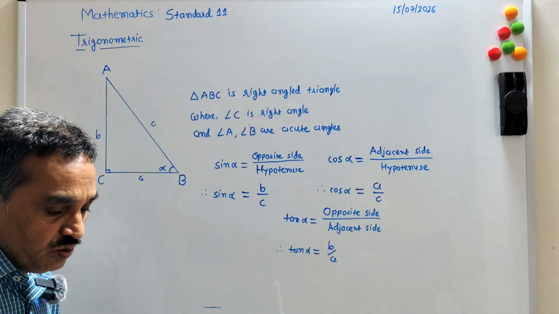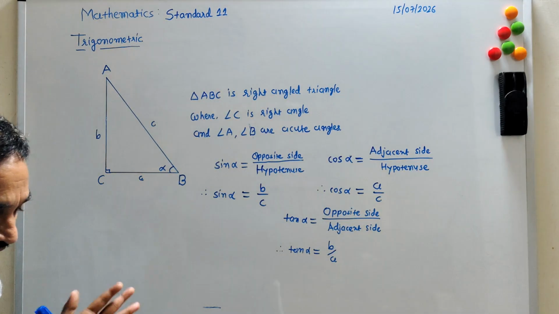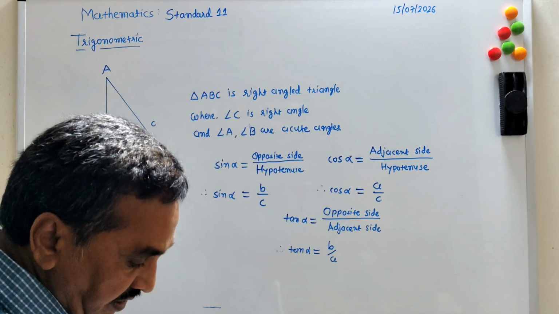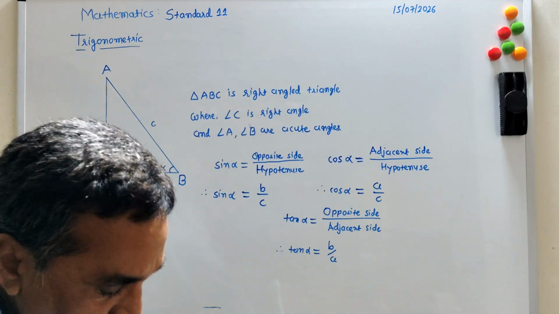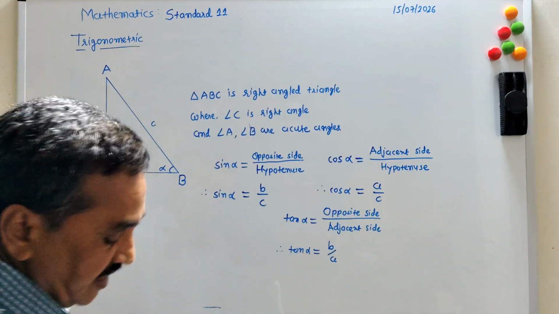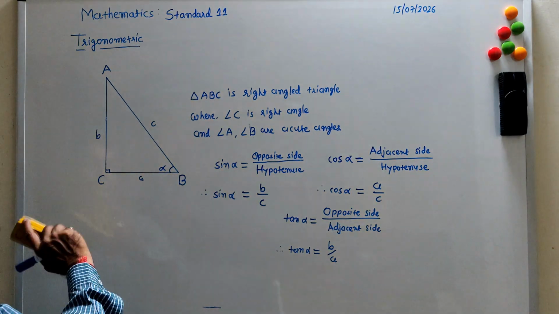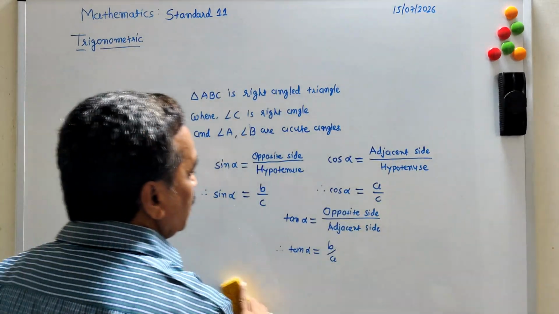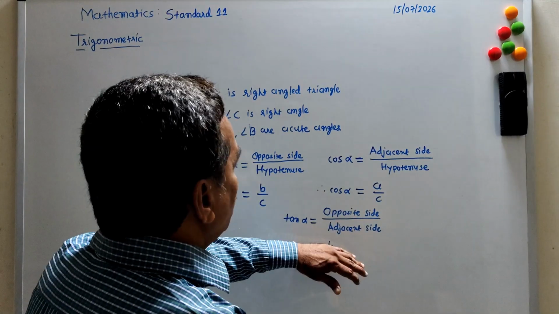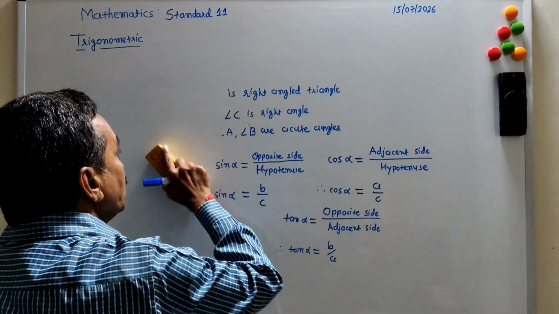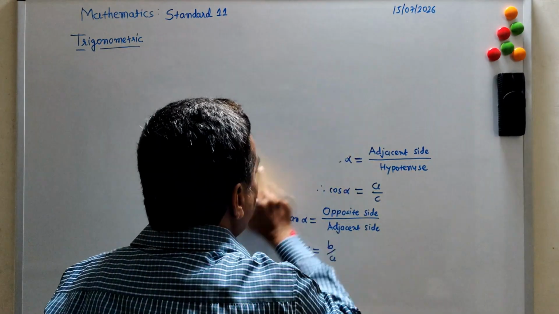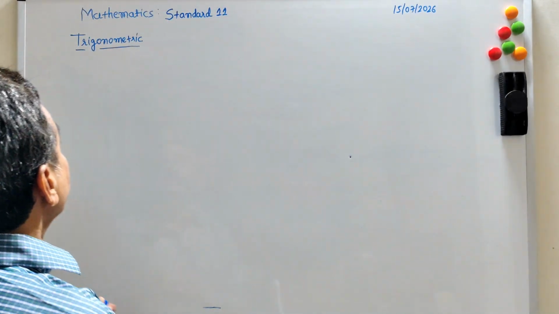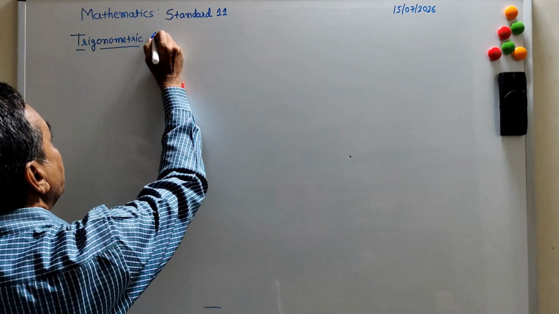We will extend the definition of trigonometric ratios to any angle in terms of radian measure and study them as a trigonometric function. Here we studied ratios of two sides; now we extend our definition of trigonometry as a trigonometric function.